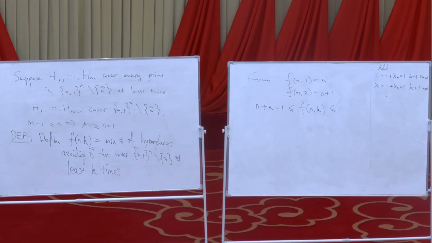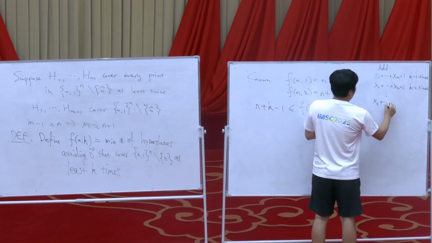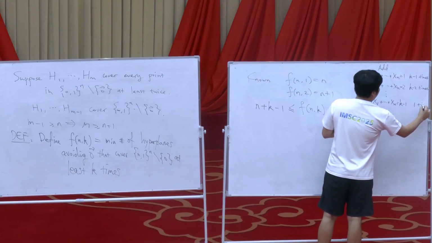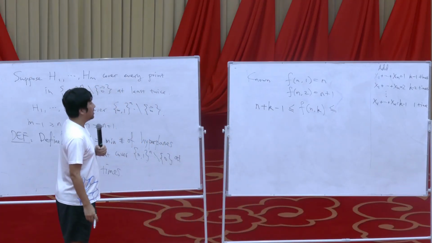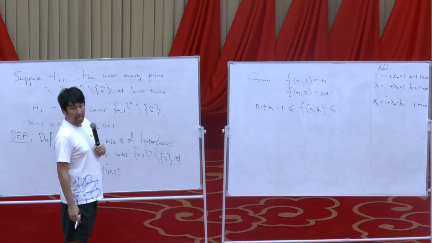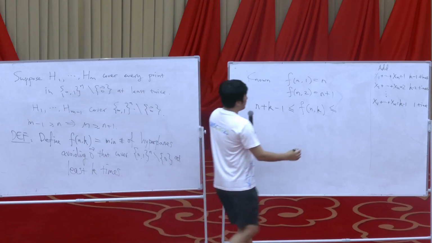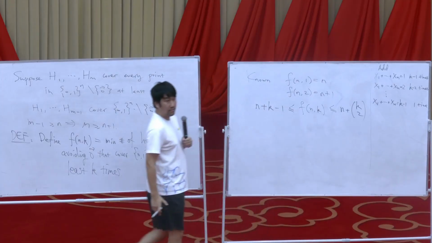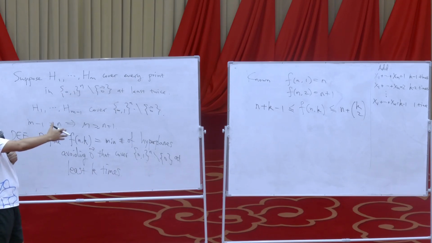But on top of that, we want to add the following hyperplanes: x1 through xn equals k minus 1 at one time, or once. So in total, we've added half of k times k minus 1. And you can check, this construction works. So if you really want to generalize the construction, this is what you get for the upper bound.